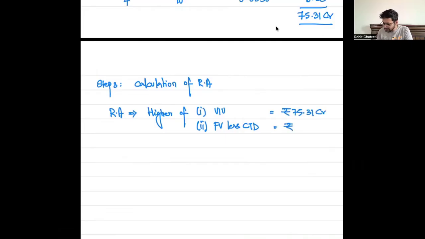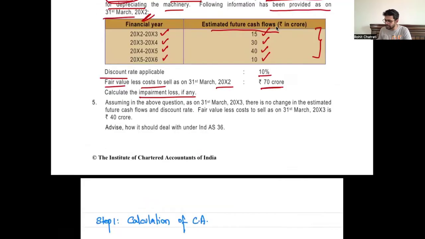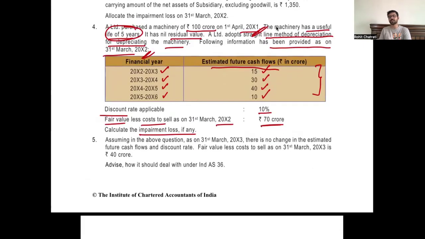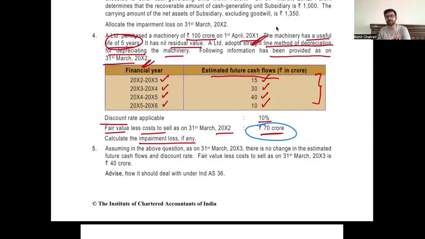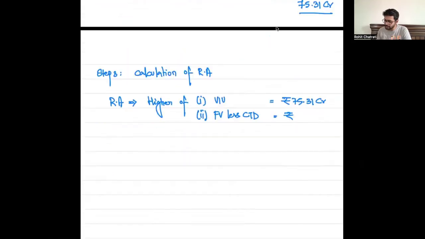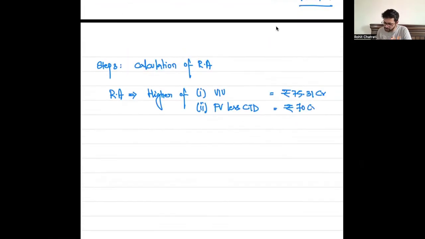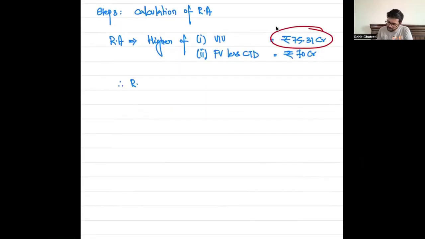And FV less CTD, I think it was given in the question as 70 crores. If I sell the asset today, I expect to generate net proceeds of rupees 70 crores. The higher of the two is going to be equal to VIU, and therefore recoverable amount is going to be equal to 75.31 crores.